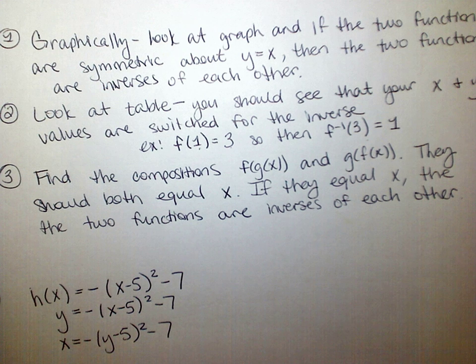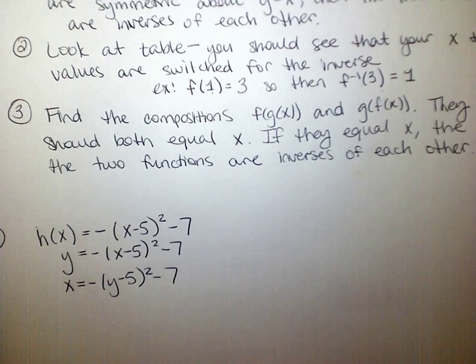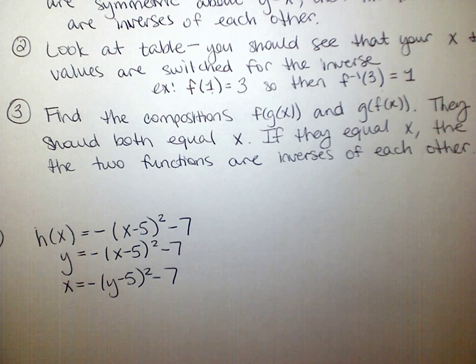So we'll get x equals negative y minus 5 quantity squared minus 7. Let's check and see if we're all still on the same page.